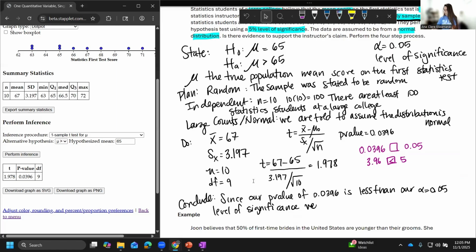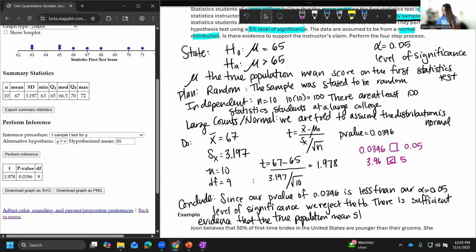We reject the null. This means there is sufficient evidence for the claim, and we give it context. There is sufficient evidence that the true population mean statistics test score, I want to say, is more than 65.